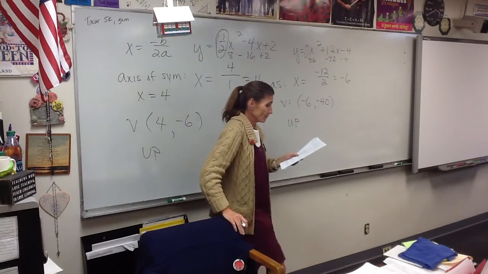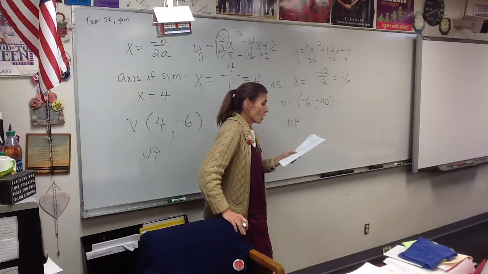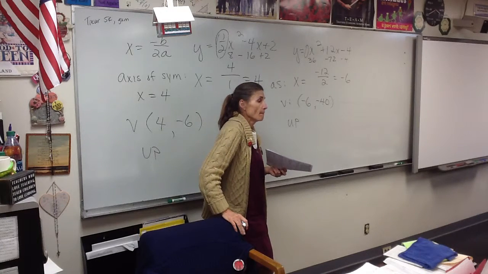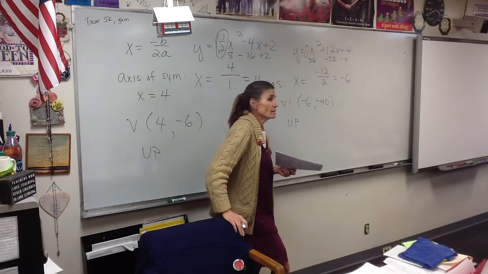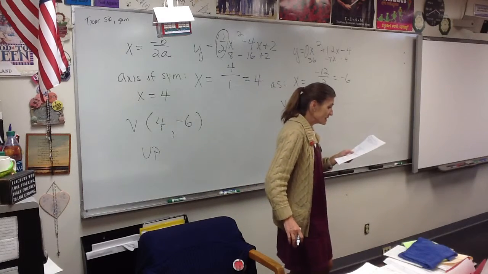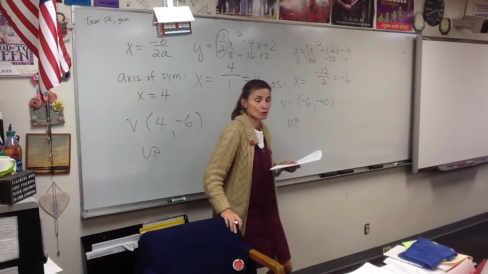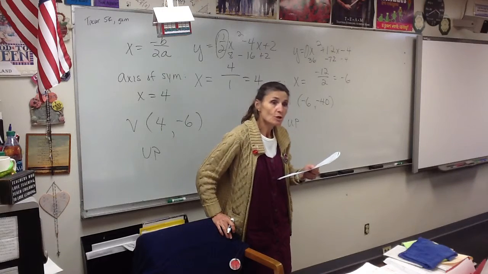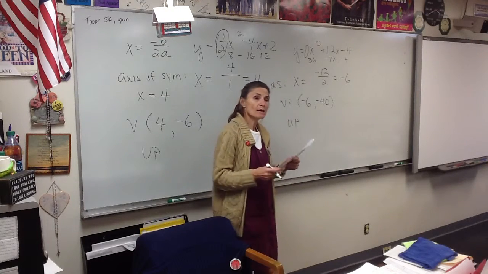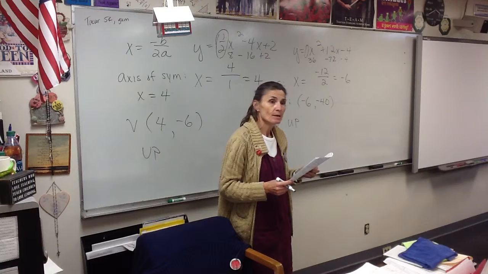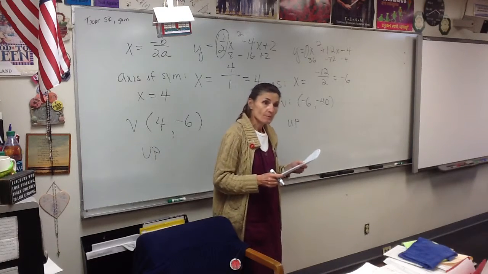Number 2. Which are polynomials? All right, so look at the list. Do you see any there that you would say no to? Yeah, Chad? A. And why would you say no to A? Because there's a variable in the denominator. Exactly.